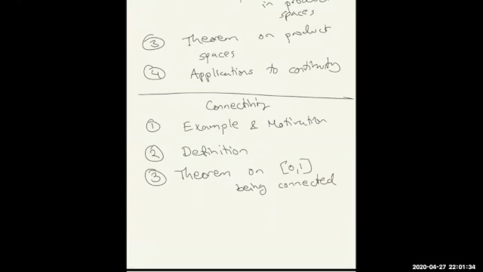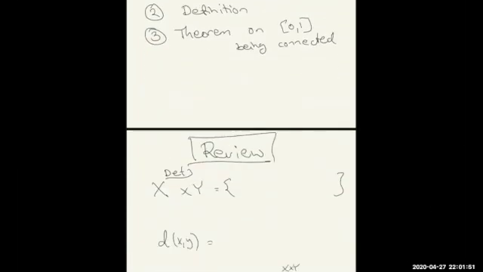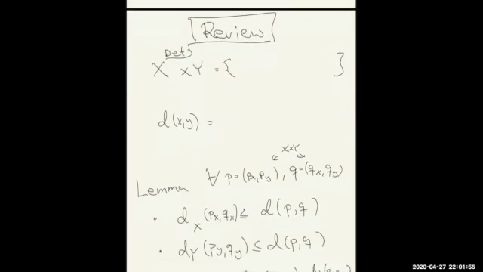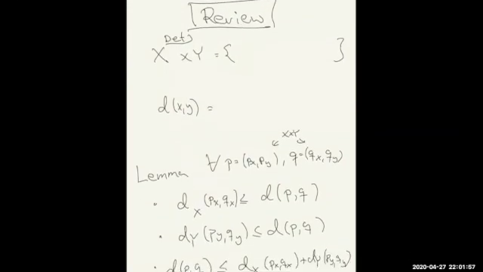Then we'll switch gears and start talking about a new notion, connectivity, motivated through examples. Give the formal definition, which is a bit abstract, and that's why we're motivated. And then we at least state the theorem that [0,1] is connected. If we have time, we will prove those claims.